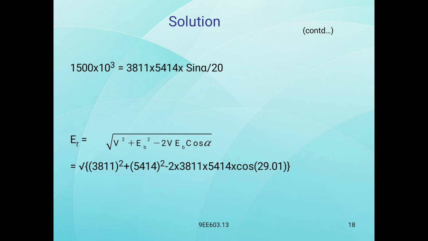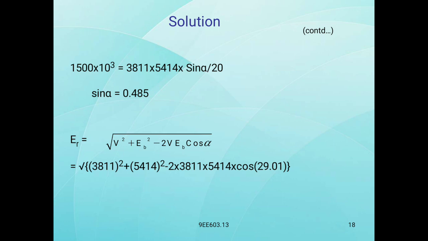Substituting power, V and EB, we get sin alpha. So 1500 kilowatts and 3811 V and EB is 5414, and sin alpha by 20, that gives sin alpha equal to 0.485.